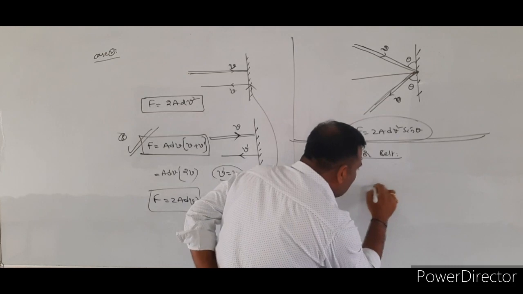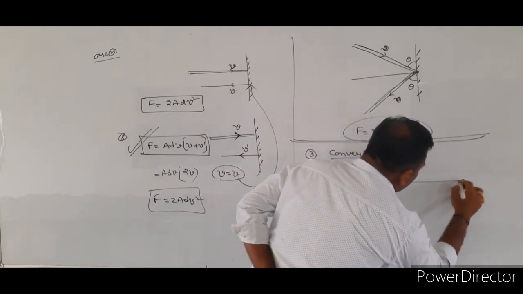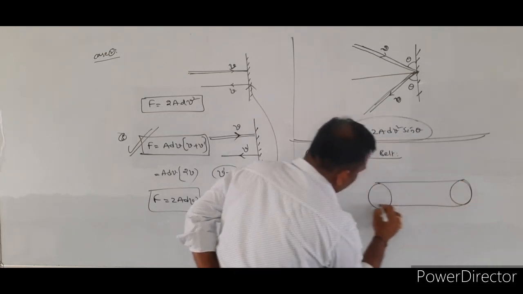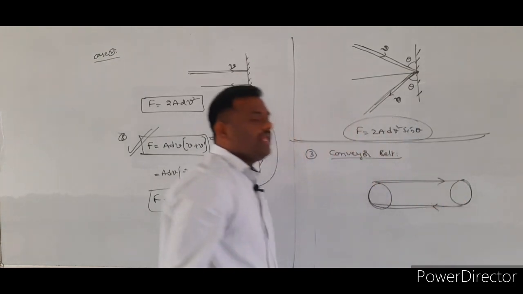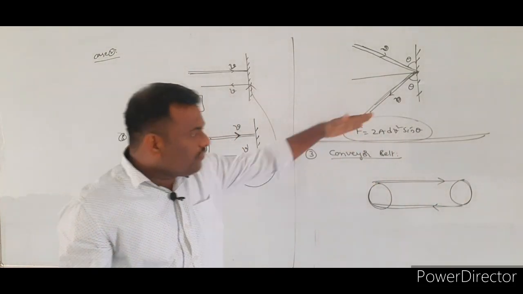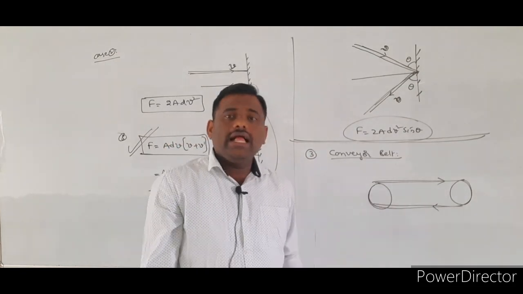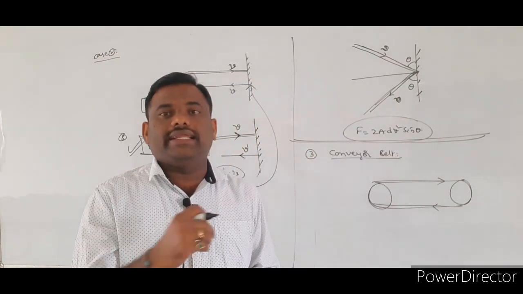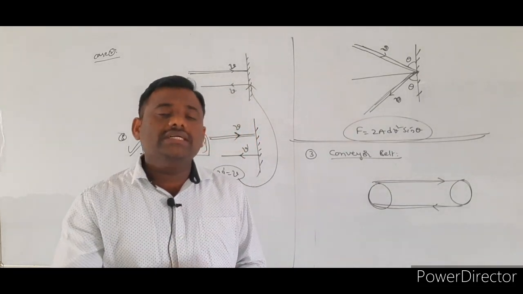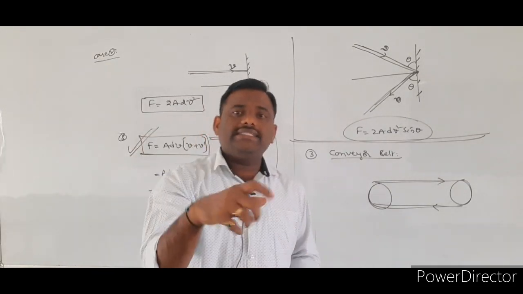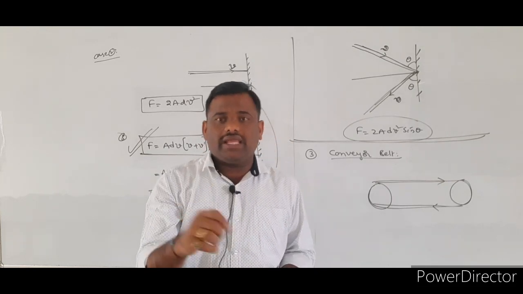This is the conveyor belt, which is moving like this. Whenever the gravel falls over the surface of the conveyor belt, its speed actually decreases. Whenever some additional load is added over a given moving object, its speed generally decreases.